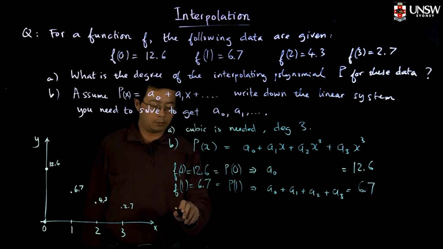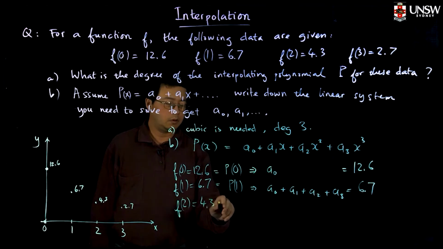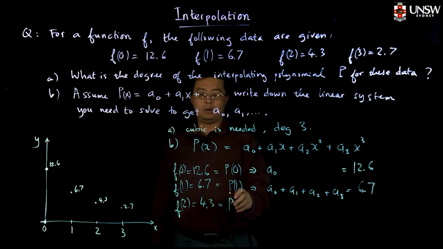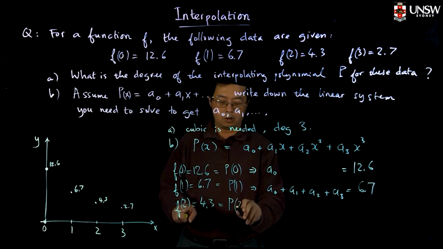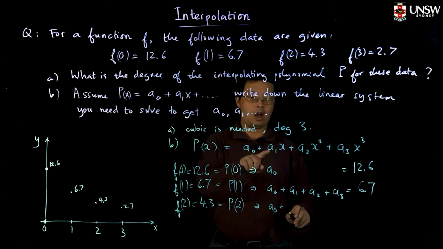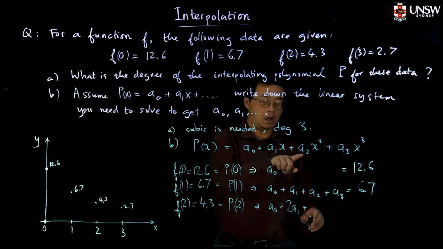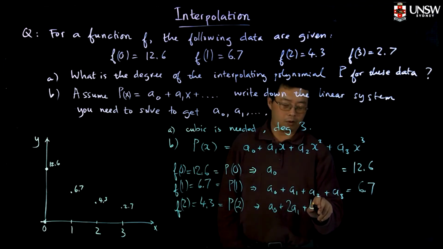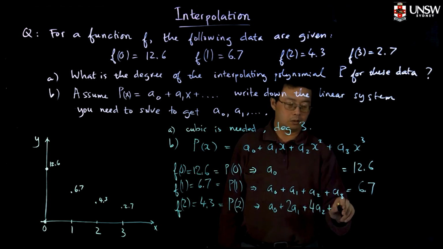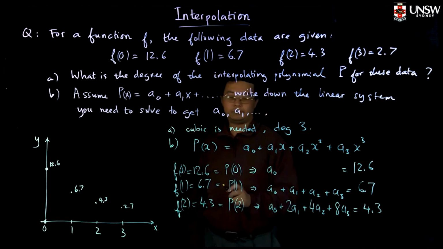And similarly, f at 2 is 4.3. This has to equal p at 2, because the polynomial has to agree with the data. So a0 plus a1 times 2, so 2a1, plus a2 times 2 squared, so 4a2, plus 2 cubed times a3, so 8a3, equals 4.3, okay?